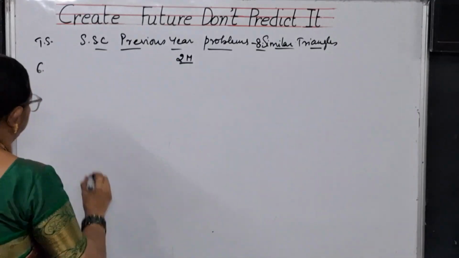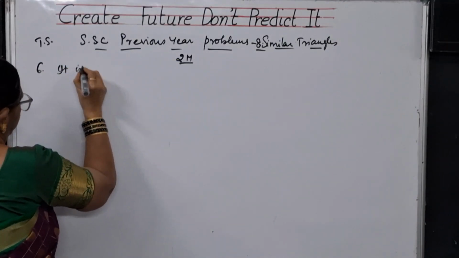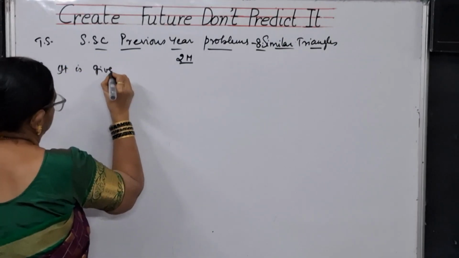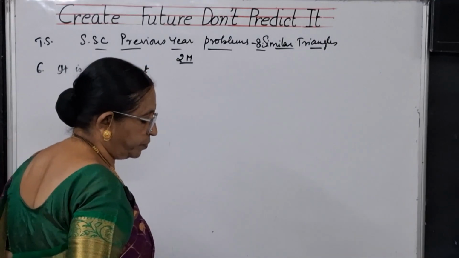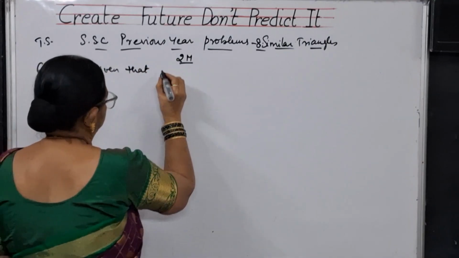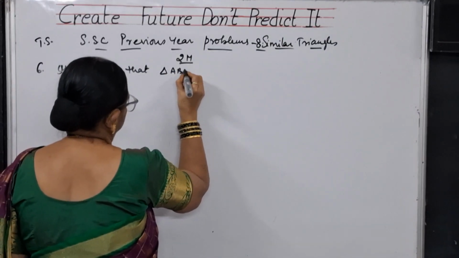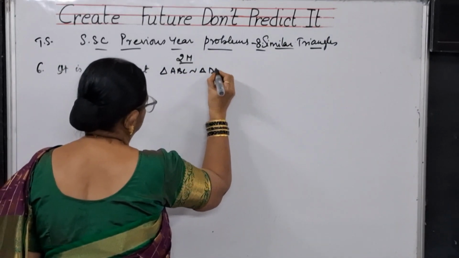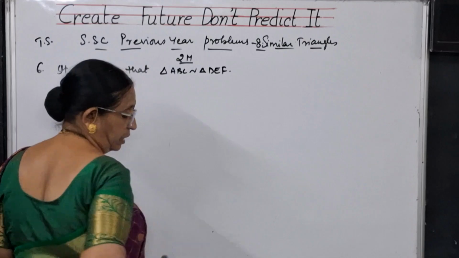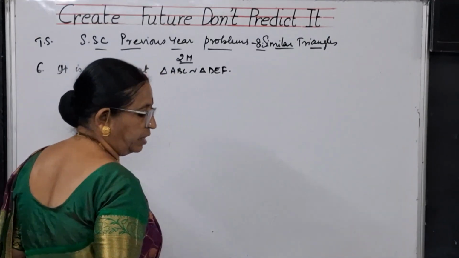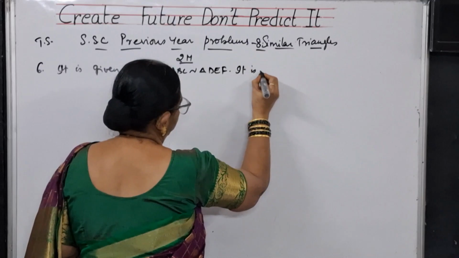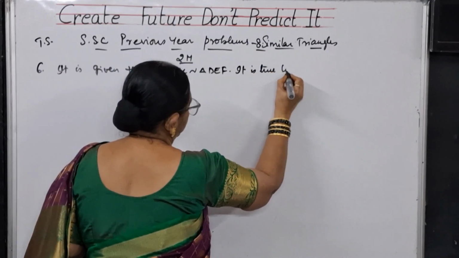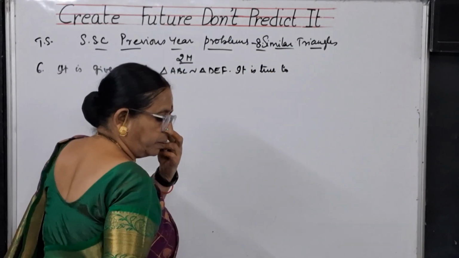It is given that triangle ABC is similar to triangle DEF.